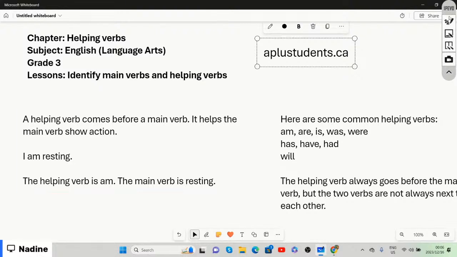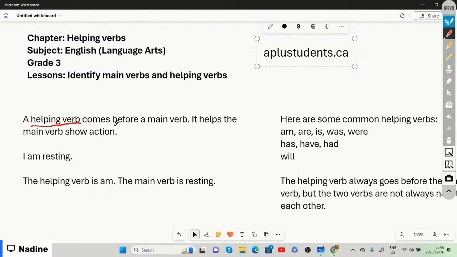All right, so helping verbs. We know that a verb is basically action. It shows action. That's a verb. It's the action that takes place. So when it comes to helping verbs, a helping verb comes before a main verb. The main verb is the specific action that is taking place. It's the doing word.